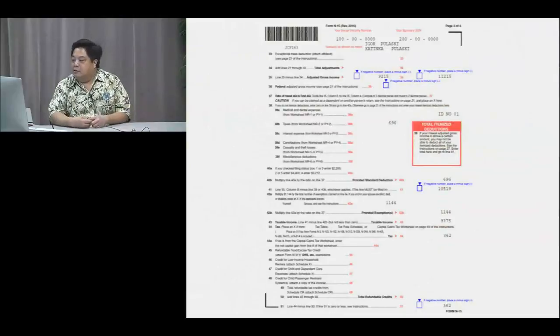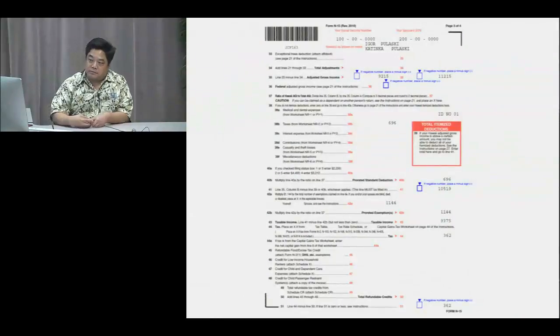Okay. So now once you get the line 35 adjusted gross income, then you figure out your line 38 itemized deduction. Itemized deduction, as I mentioned, is state taxes. So you can deduct, you can subtract from your income. If you remember on W-2, $696 state taxes, you can deduct that.